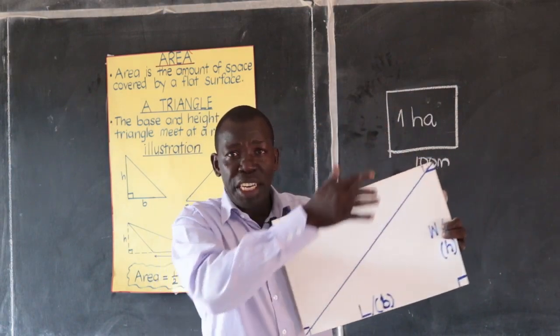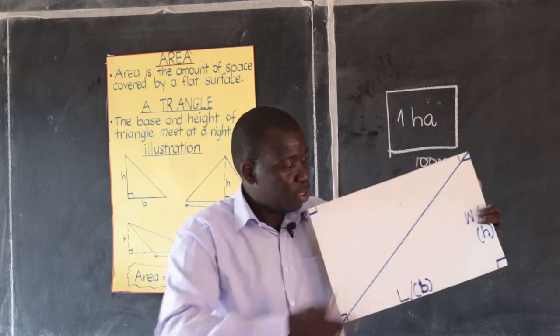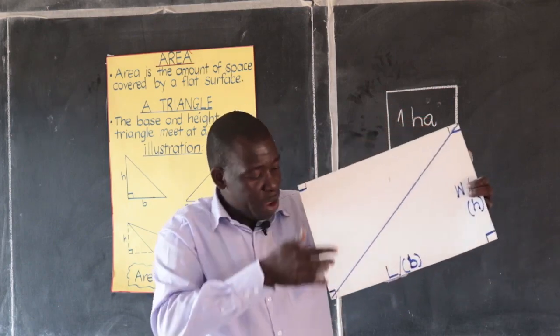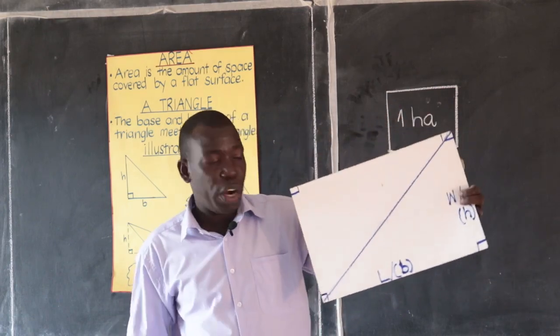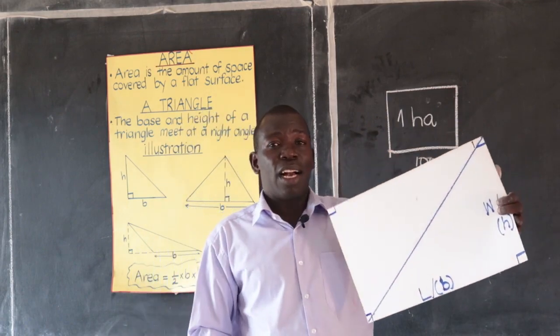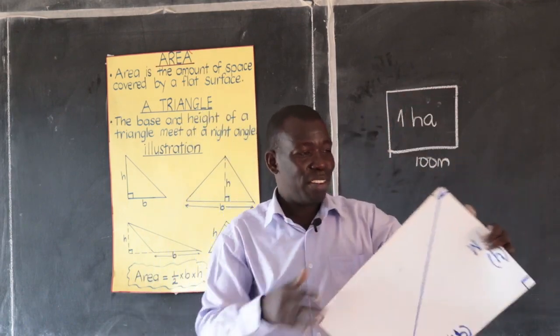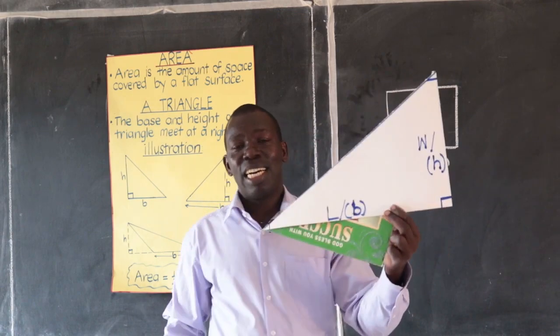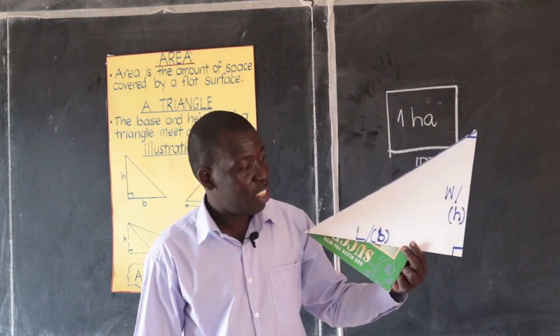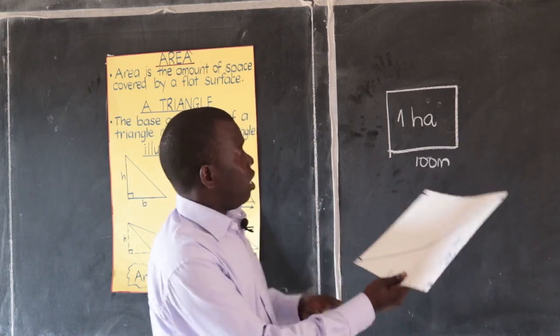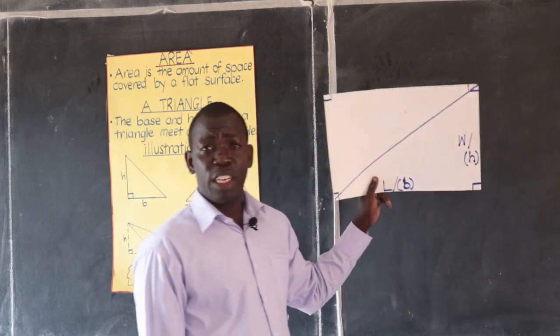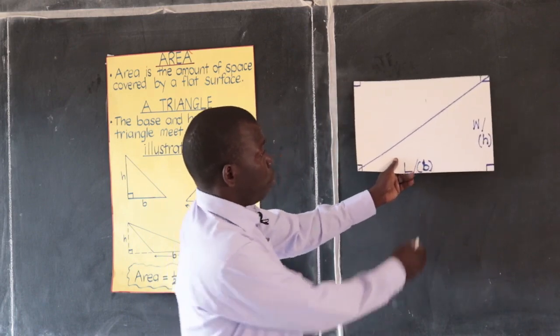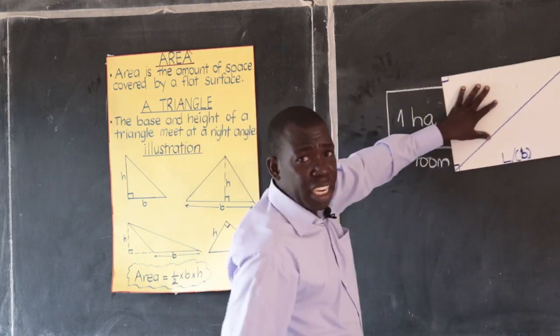This line is called a diagonal. If you draw a line from this corner to the opposite corner, and you cut it, for example, I have cut it, what do you see? A triangle.